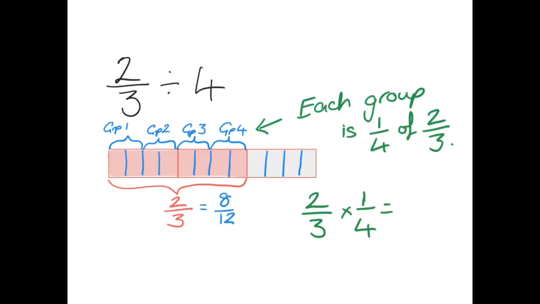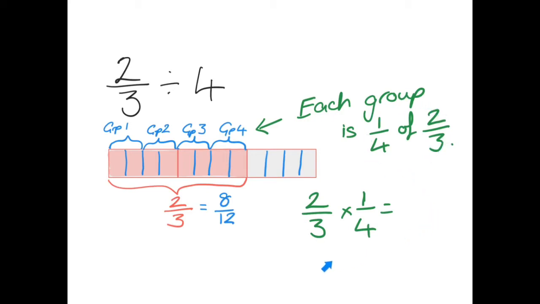There is another way I can look at this, though. This is the second method. So I've got my 2/3 and I can divide it into 4 groups. But I know that if I'm dividing something by 4, each of these groups is 1/4 of the 2/3. So I can actually do this as a multiplication.